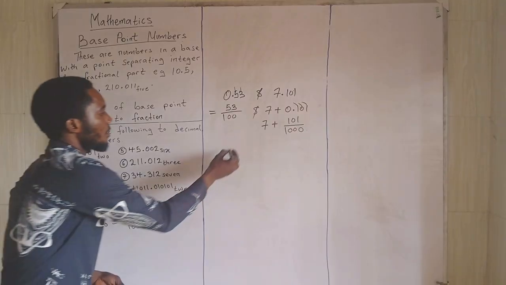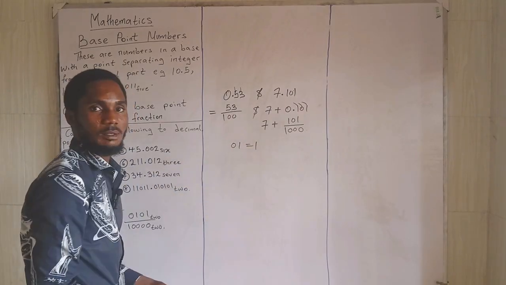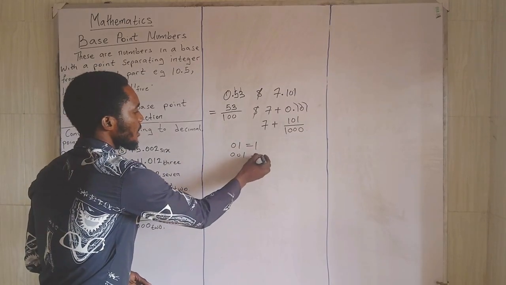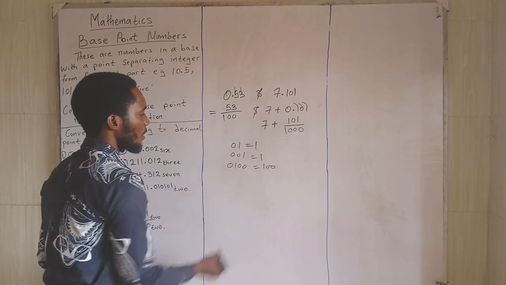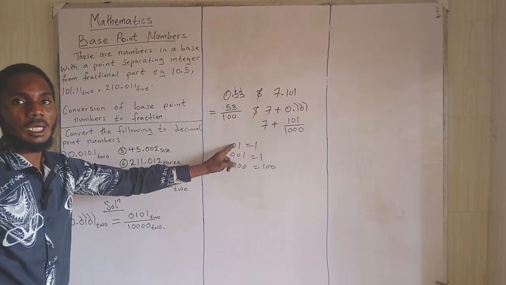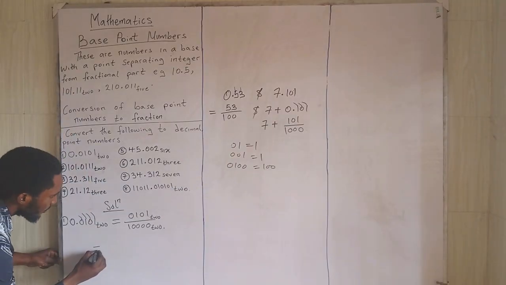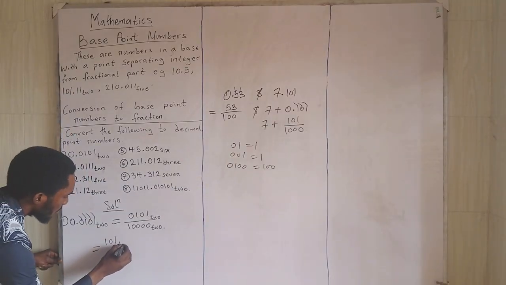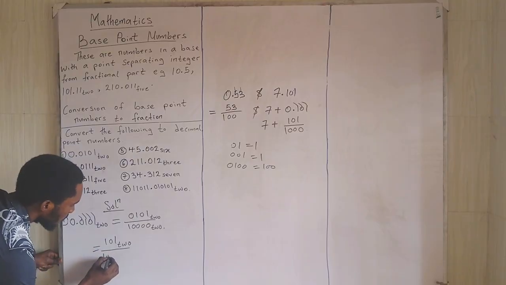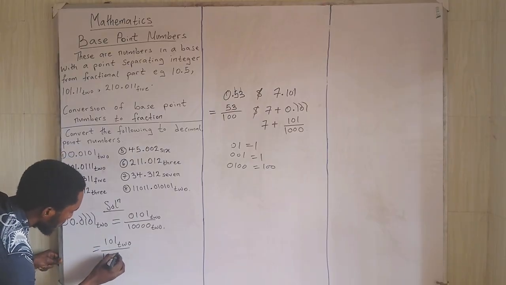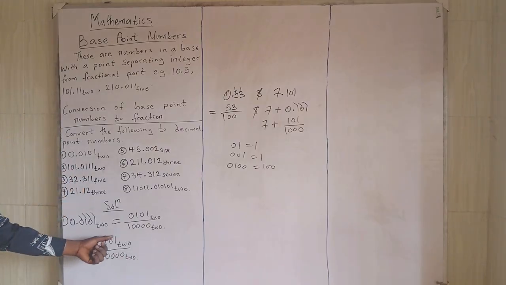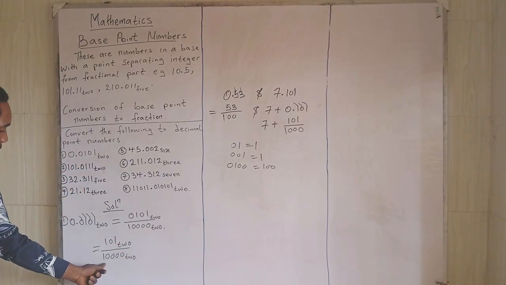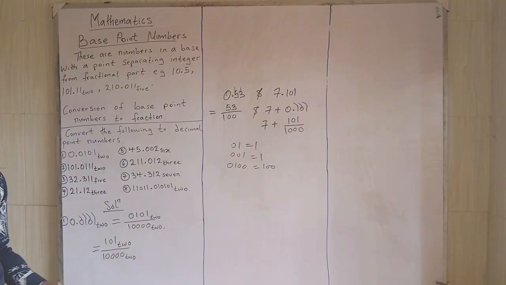Note that 01 is the same thing as 1, 001 is the same thing as 1, and 0100 is the same thing as 100. The first 0 doesn't count. That means we have 101 base 2 over 10000 base 2. We will then convert 101 base 2 to base 10 and also 10000 base 2 to base 10.